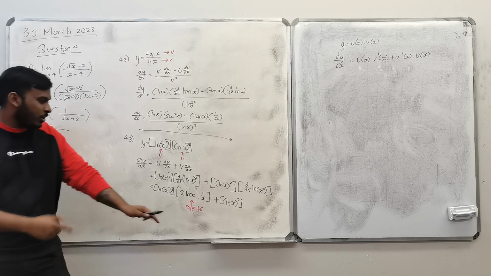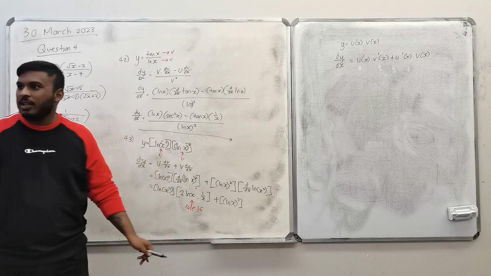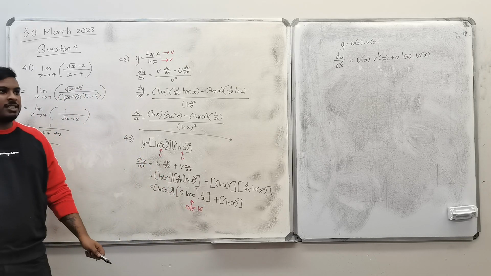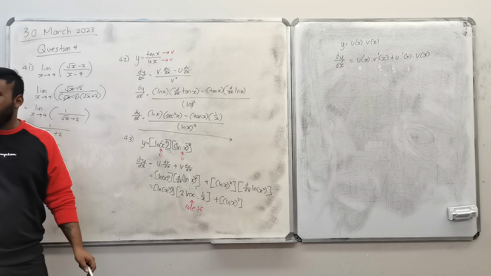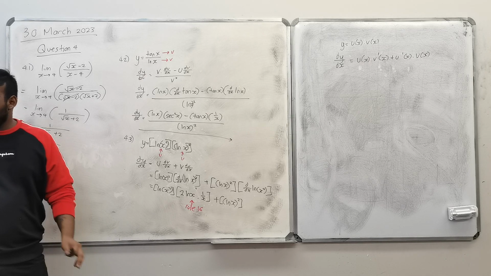But how I got this whole portion was with rule 16. Rule 16 states that the derivative of f of x to the power n is equal to n times f of x to the power n minus 1, times the derivative of that function. All with me there?